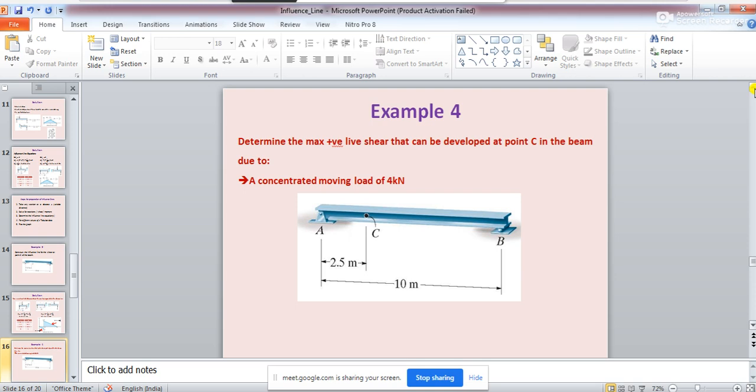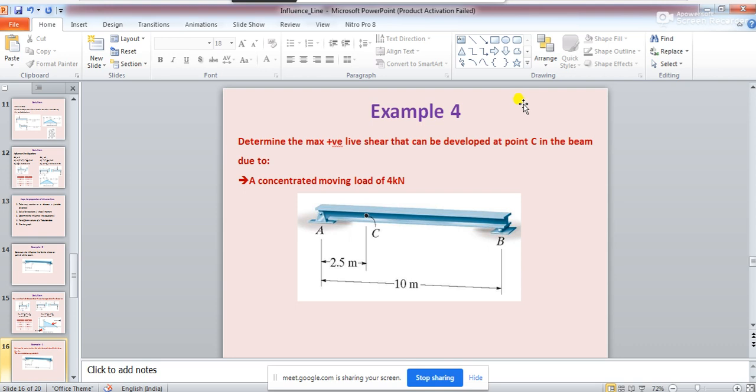What will happen if some other load moves? The load will not be a unit load, right? Whenever you encounter a practical problem, the load moving on the beam will not be a unit load, and the load will have some dimension also. So to take care of that, how do I apply the influence line diagram, that you need to understand.